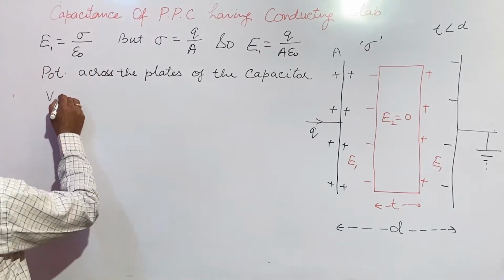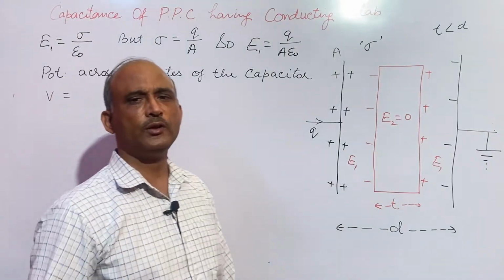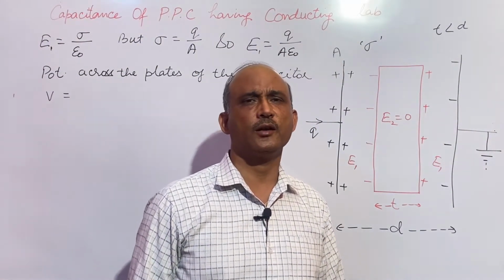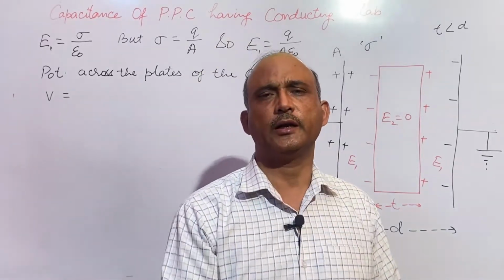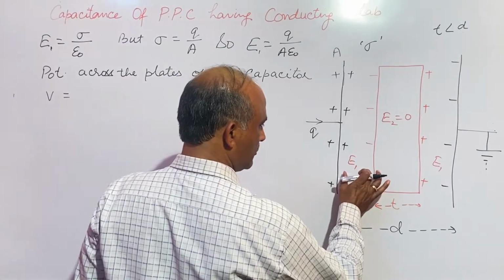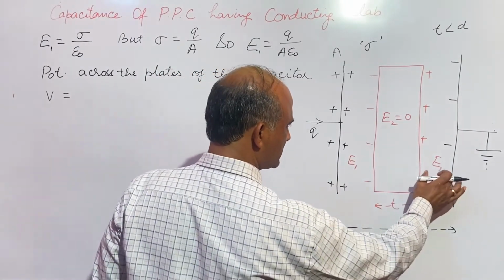V is equal to, we know that V is equal to E into d, electric field into the distance up to which the electric field works. Here, the electric field works for this distance and this distance.